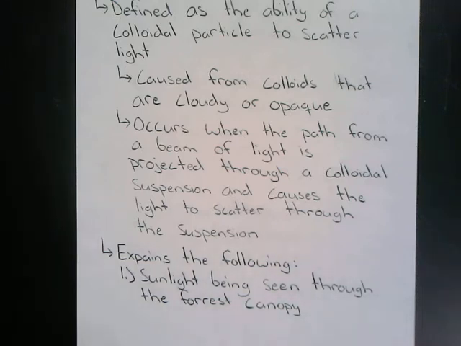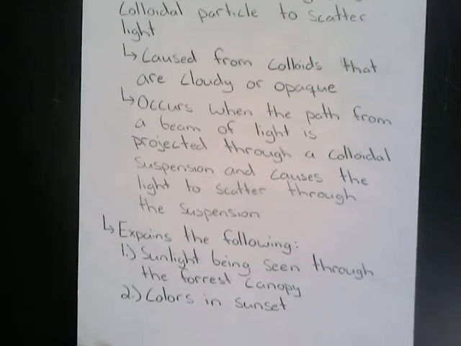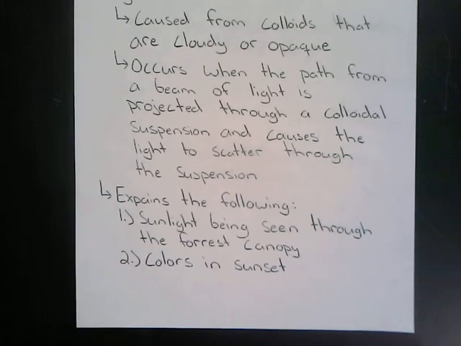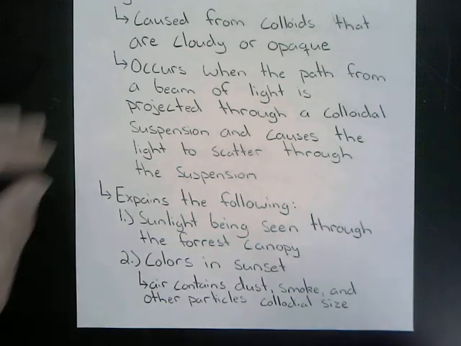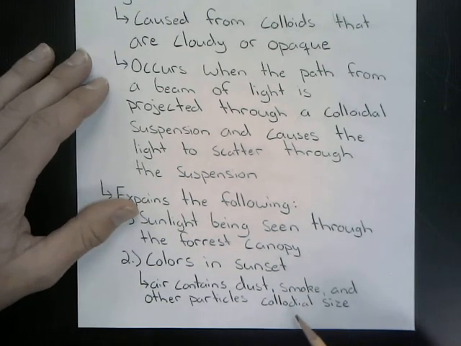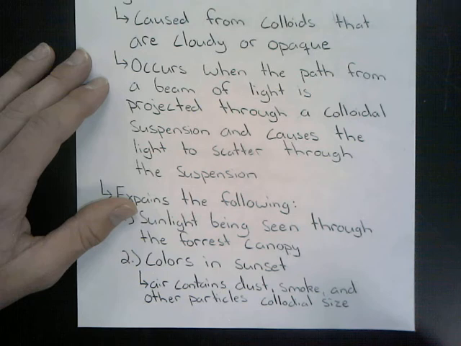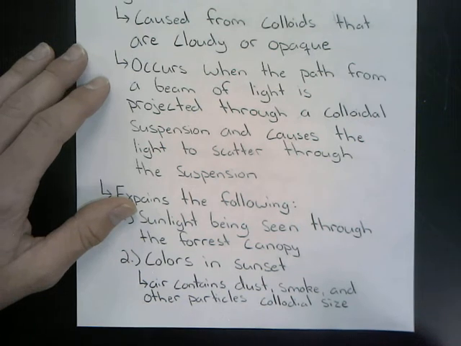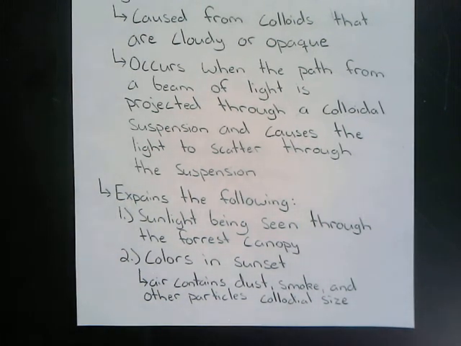Another example here is the colors in the sunset. I want to get into a little bit more detail of why we see those colors in the sunset. The reason that we see it, one of two reasons, is that air that contains dust, smoke, or other particles of colloidal size. These colloidal particles cause wavelengths from the sun to scatter to different extents.